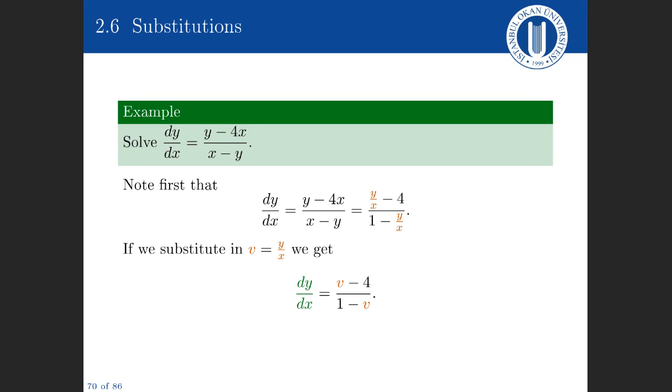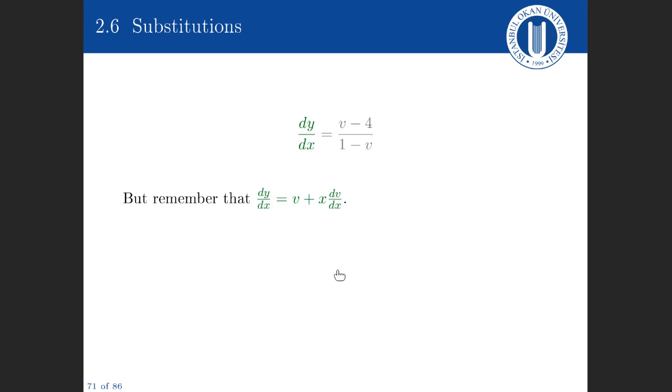So the right-hand side becomes (v minus 4) divided by (1 minus v). We're also going to replace dy/dx using v plus x dv/dx. So we get v plus x dv/dx is equal to (v minus 4) divided by (1 minus v).